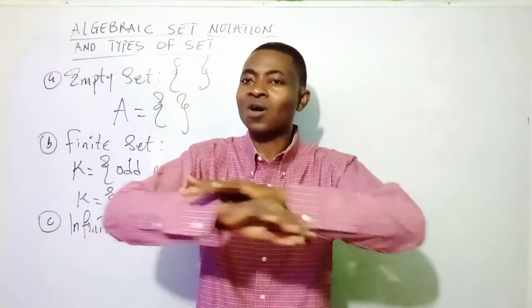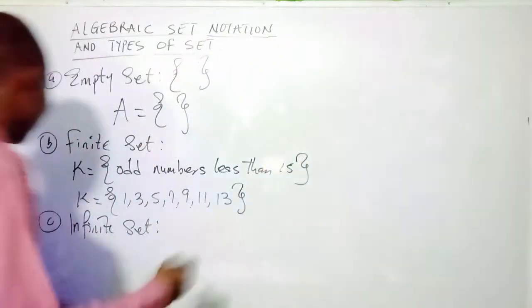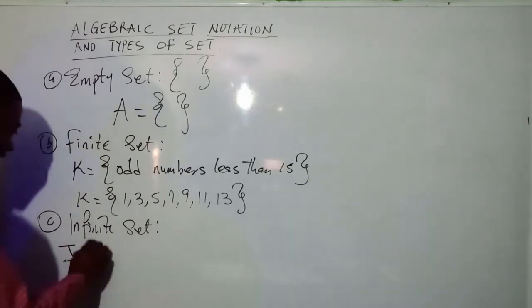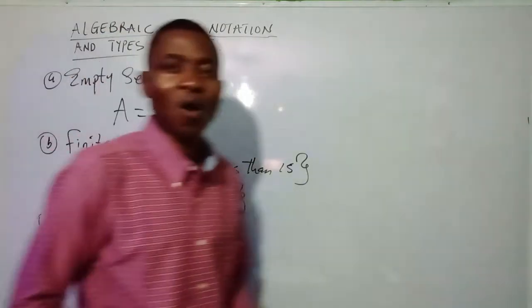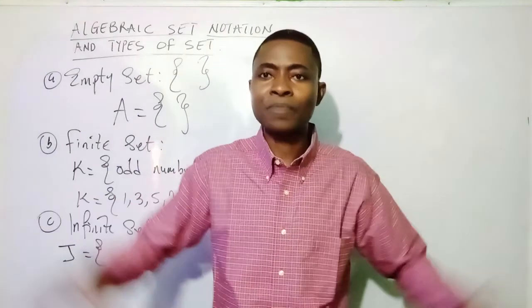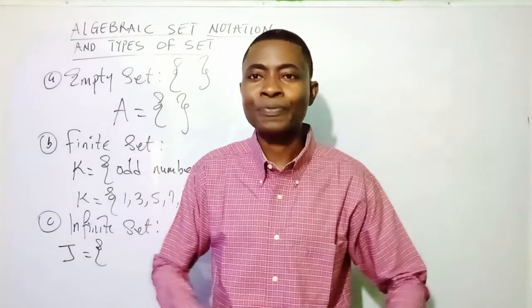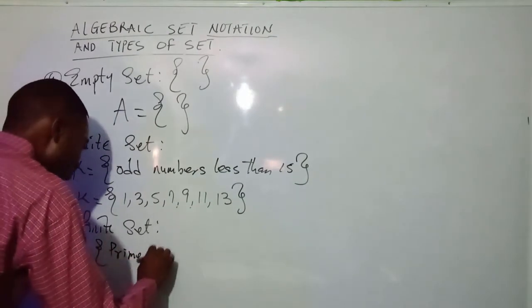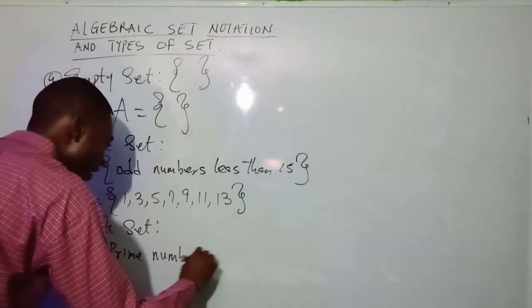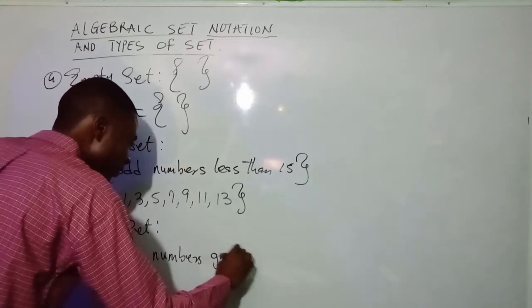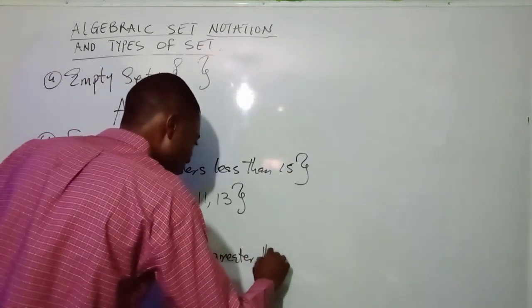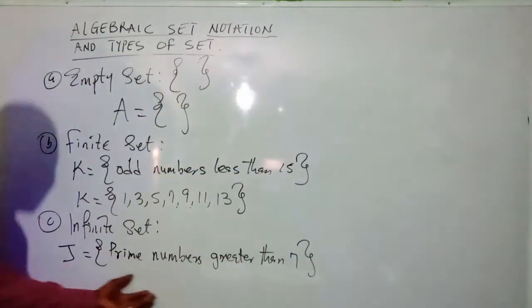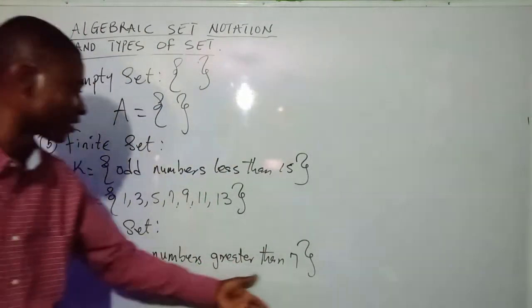For instance, let's say J is a set of prime numbers greater than 7.